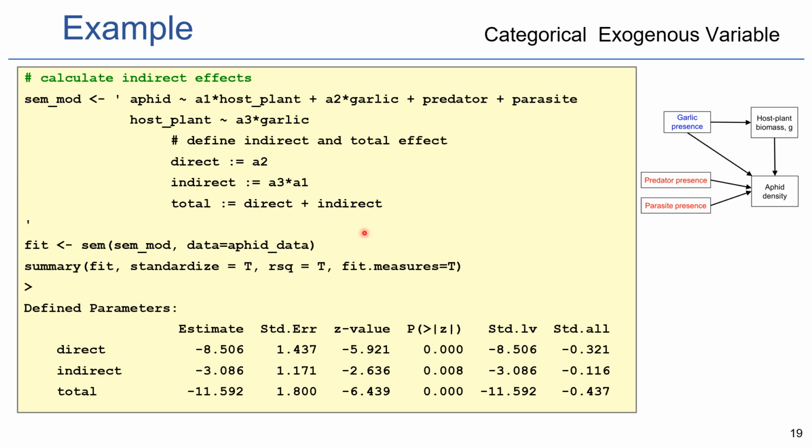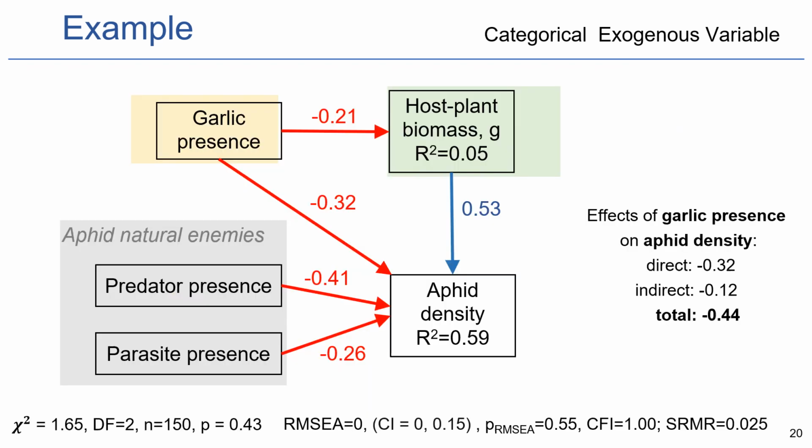And here these results show us that the direct effect of garlic on aphids is much stronger and more negative than the indirect effect through the changes in host plant biomass. Also, the total effect is very negative and strong, we can say.